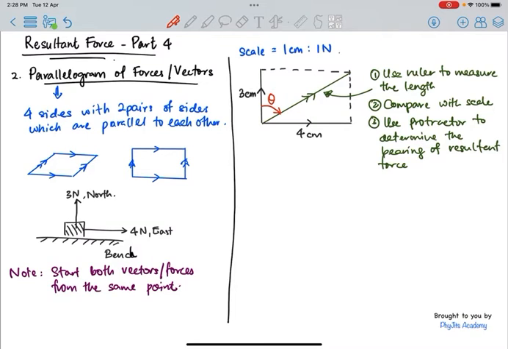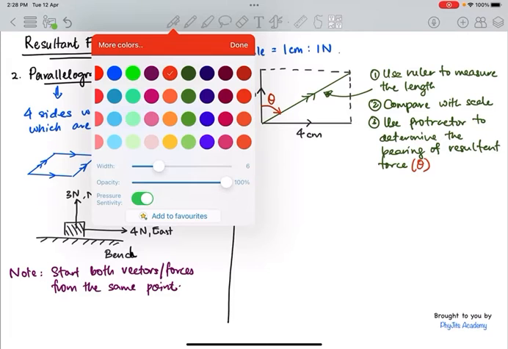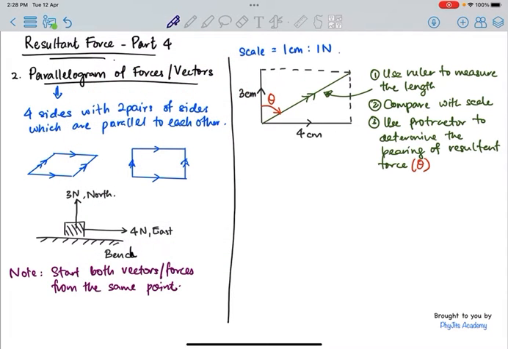We name it theta. These are the things that you are supposed to follow when you are using a parallelogram method to solve a resultant force.